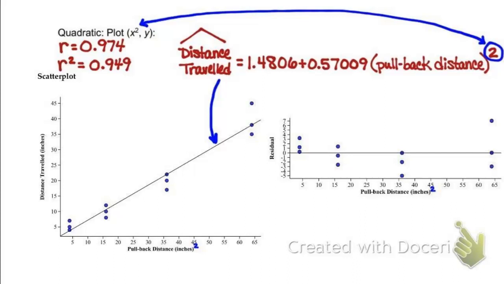Now, on the x-axis, I don't have 2, 4, 6, and 8. My dots are at 4, 16, 36, and 64. We've squared all of those x's.